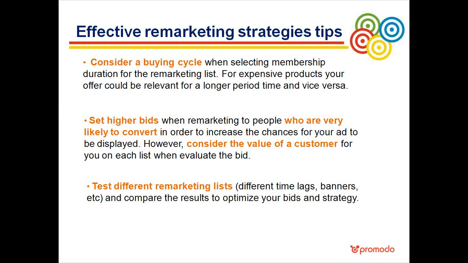It is also useful to test different remarketing lists. It is good to test different time lags, banners, messages, and so on. This will allow you to optimize your bids and strategy and reap more results.